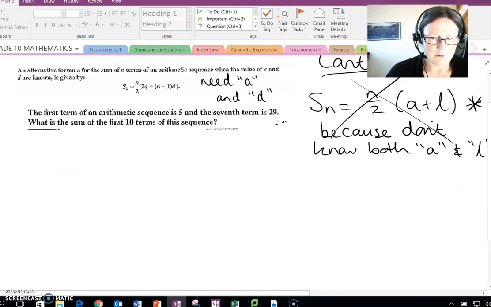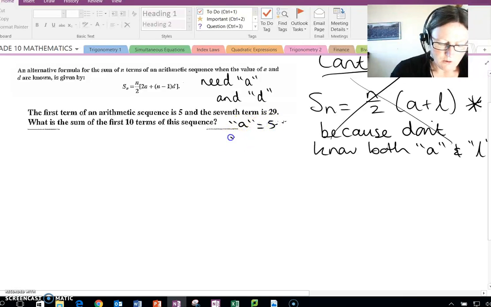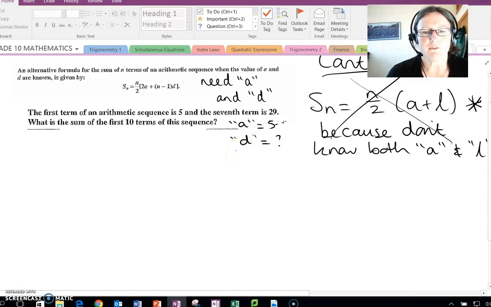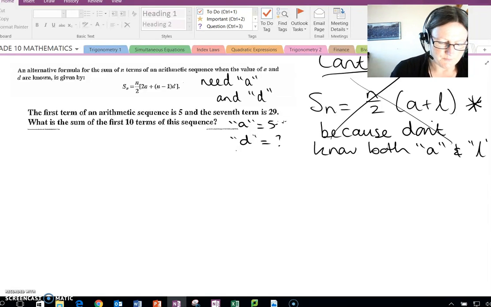For this alternate formula, we need the value of A and D. Now we know A, the first term, is 5. We need to know D to be able to use this formula. Even though we haven't got D given to us straight away, with our knowledge we can work out what D is.